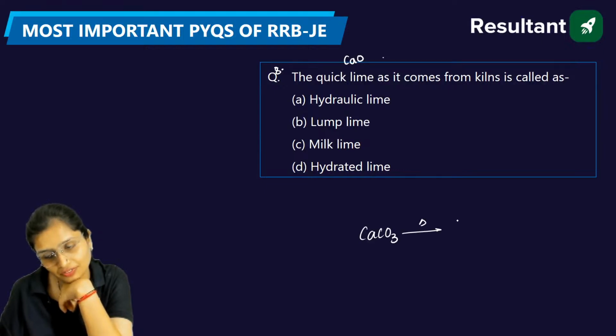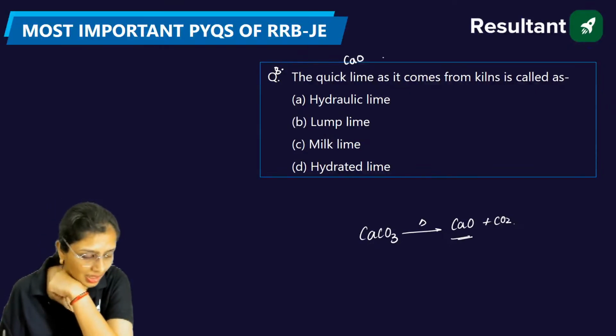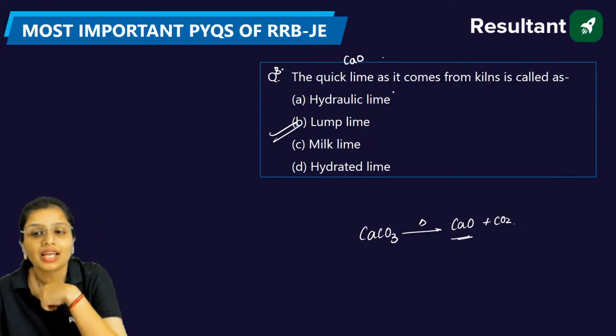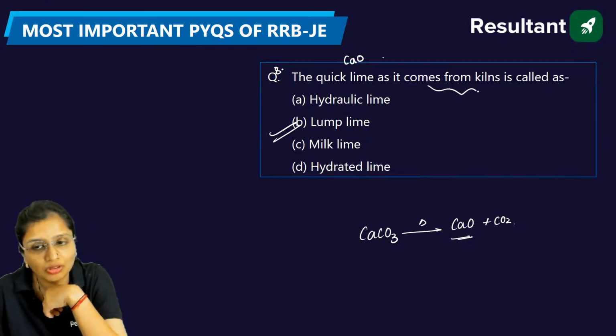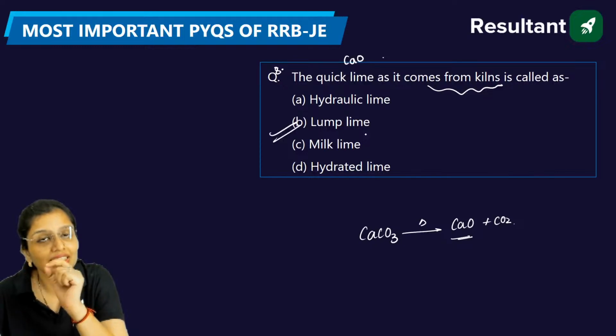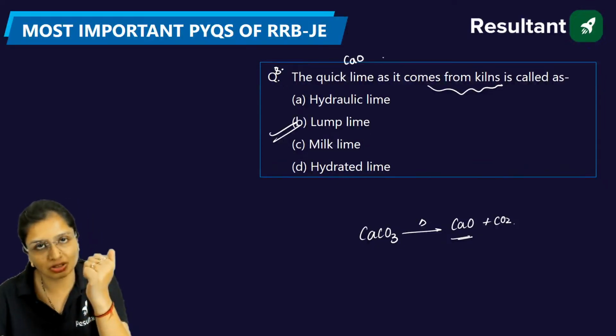Calcium carbonate, when you heat it, gives calcium oxide plus carbon dioxide. This is quicklime. When it comes out from the kilns, you don't call it hydrated lime, you call it lump lime. And this question has been asked in your previous year's questions.